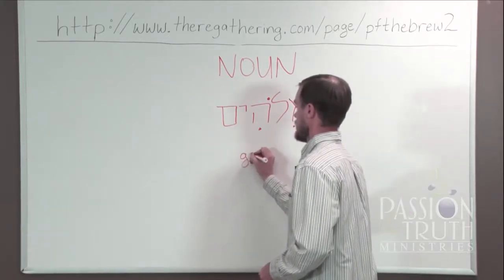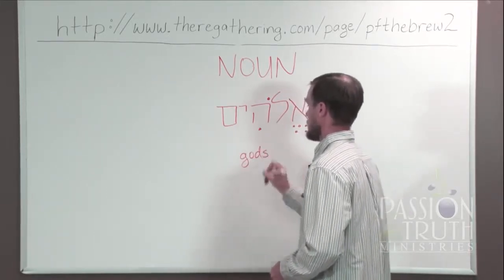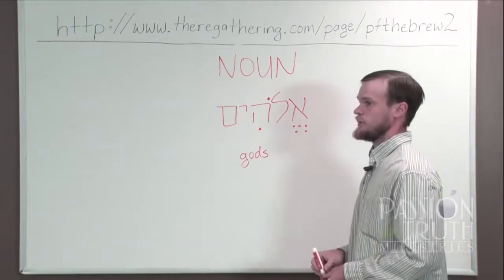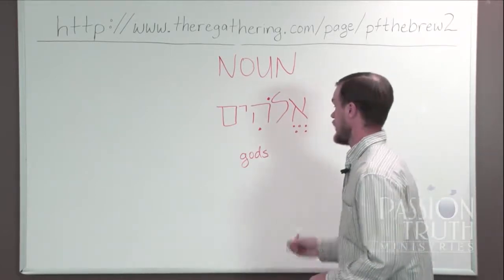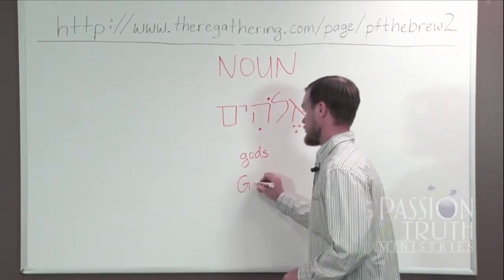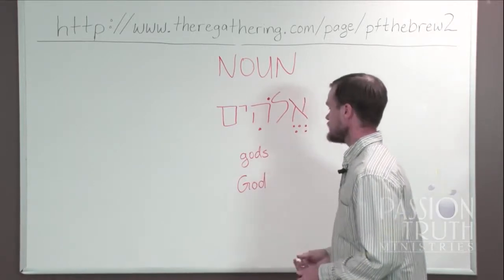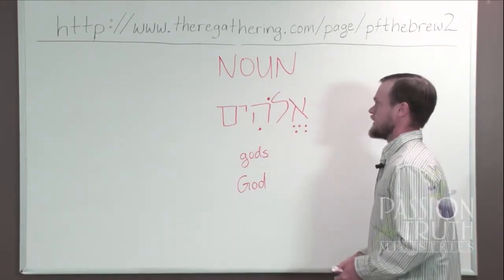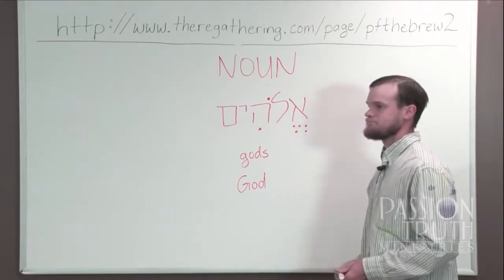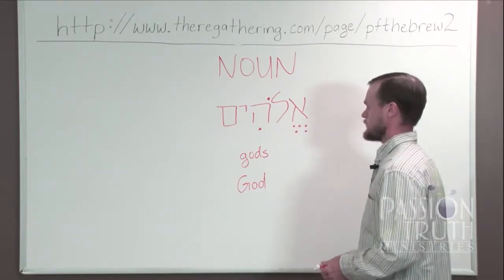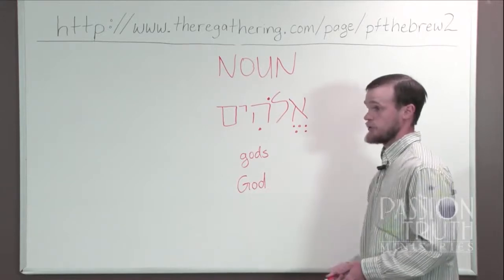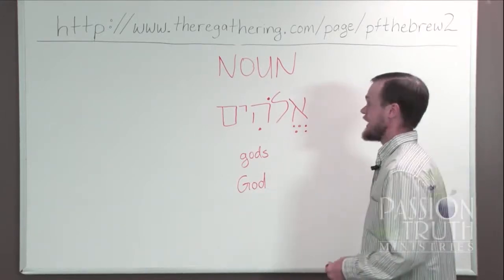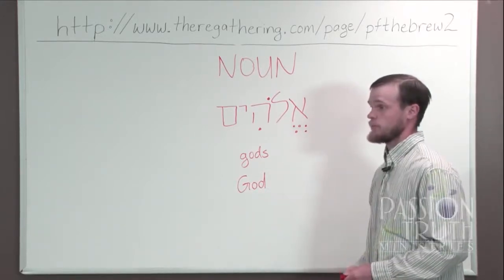But when it's referring to Yahweh, it is in fact singular. And we know this because when it is used referring to the God of Israel, the words that are attached to it are in the singular form.